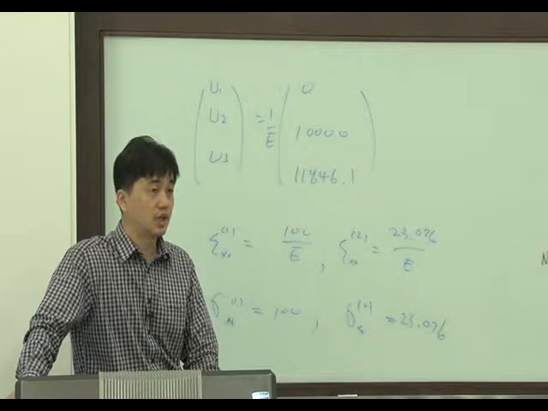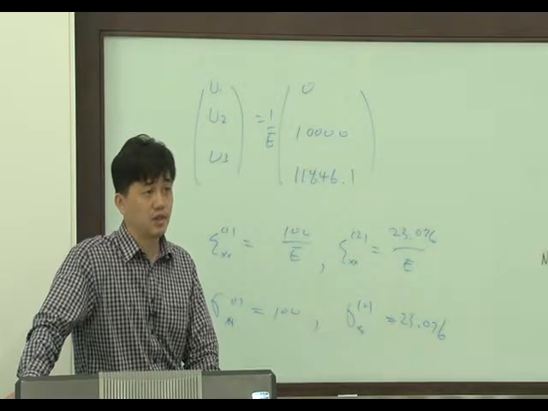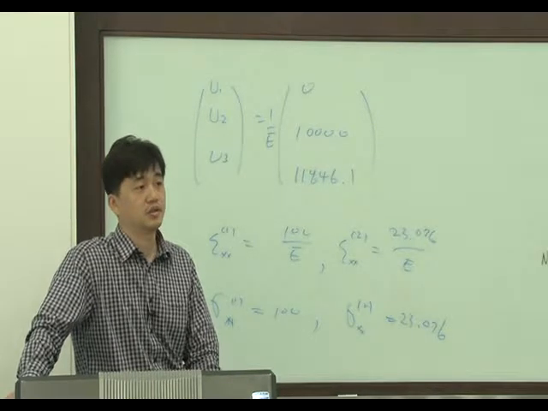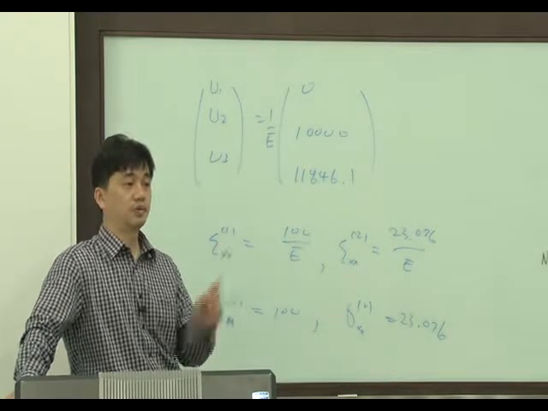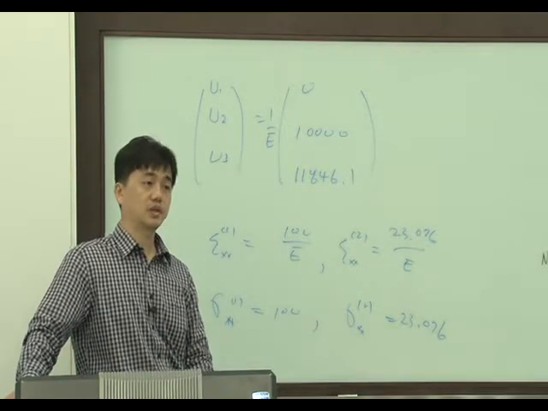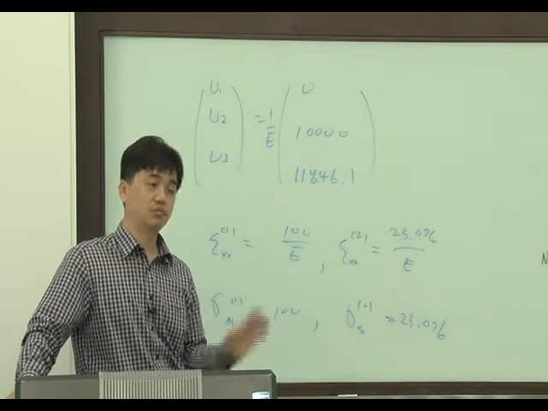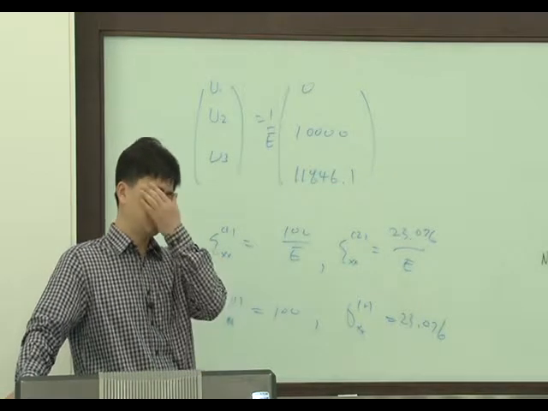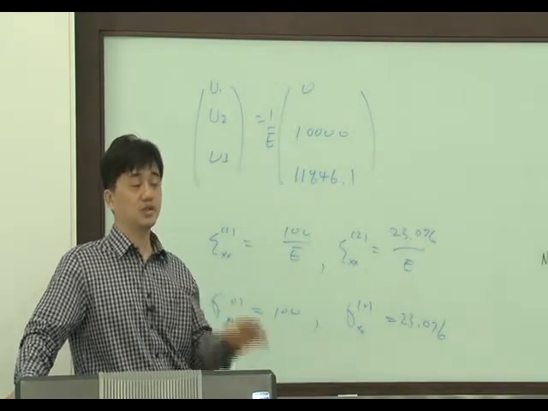Only difference is how to approximate the displacement field, okay, for the first procedure. That's the only difference. And there are some assumptions that are different, but the basic procedure is exactly the same.